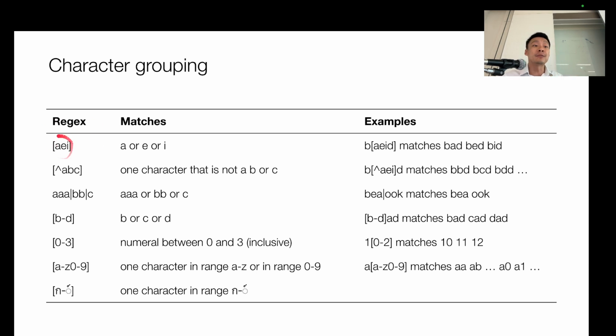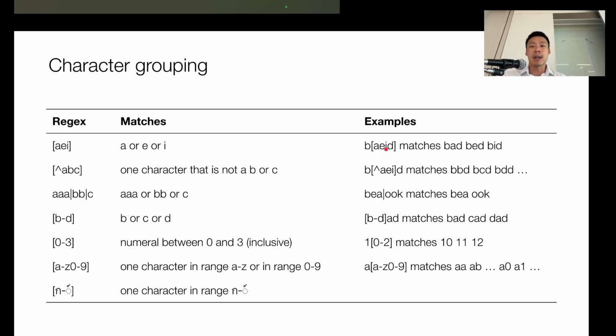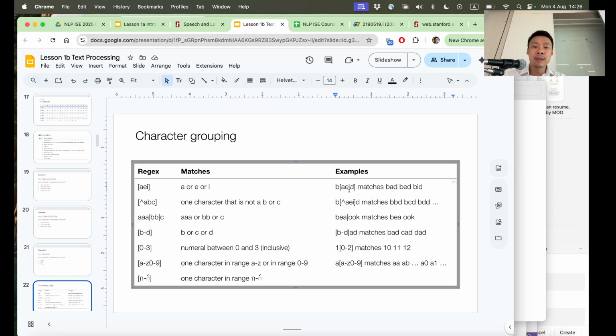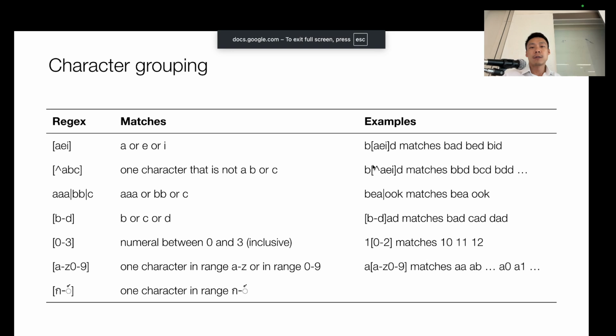So for example, this regex B, D will match bad, bed, and bid, and nothing else, because we specify the set to be just A, E, and I.